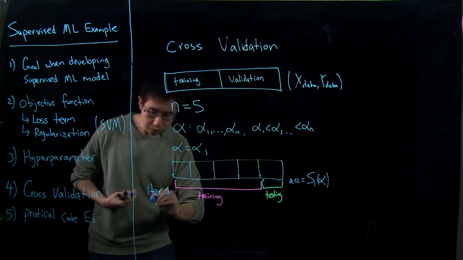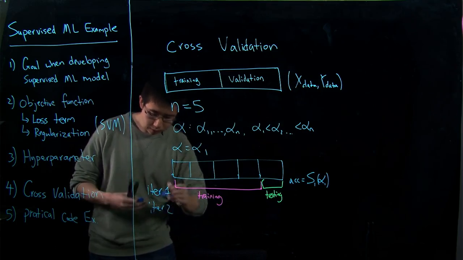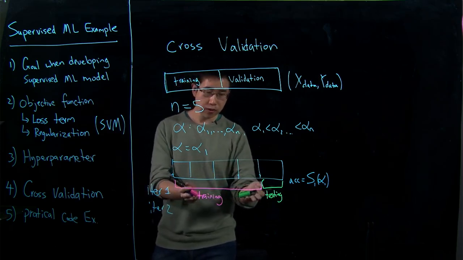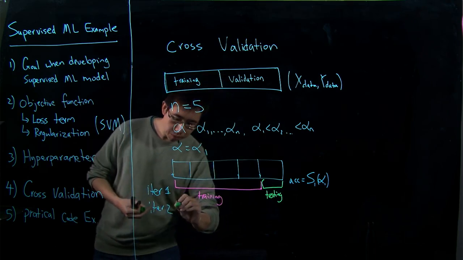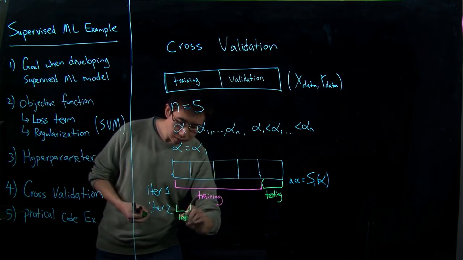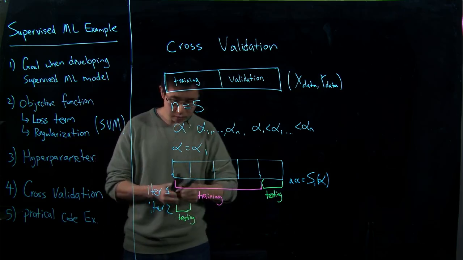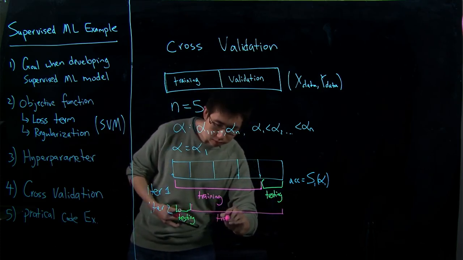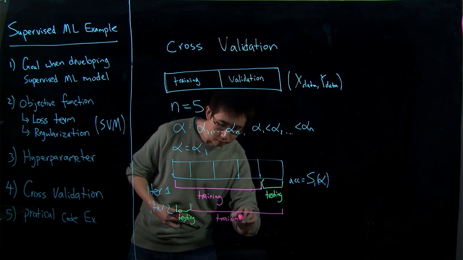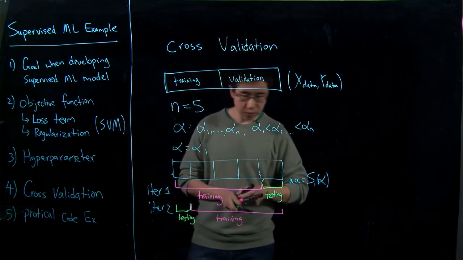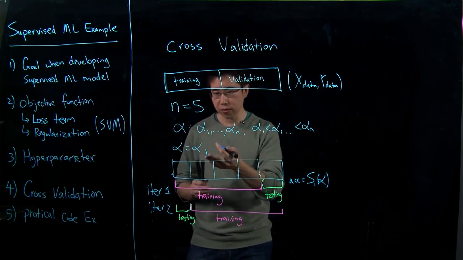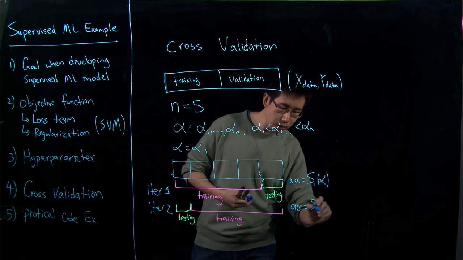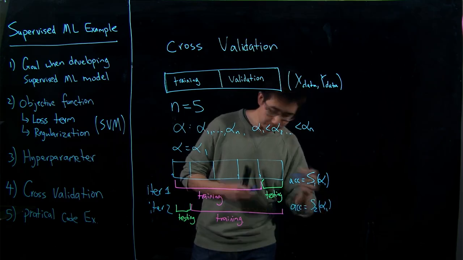Now let's go into iteration 2. Here, we would now switch up this segmentation, and we would say maybe use this first part as our testing data set, and the rest of our data as our training set. And from this, we can again calculate an accuracy because alpha is still fixed as alpha 1. Let's call this S2 of alpha 1.